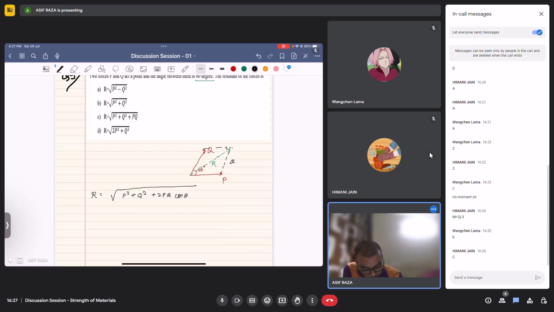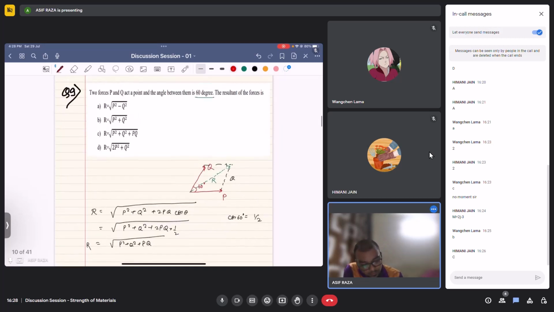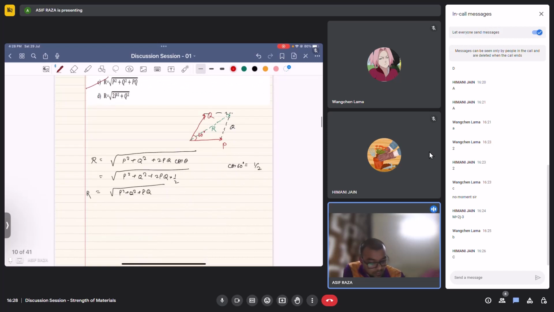Here theta is 60 degrees, so cos theta is 1 by 2, and that would give me p square plus q square plus pq. So this gives the answer as option C. What if we don't know this formula straightforwardly? Then we can work it out more formally.